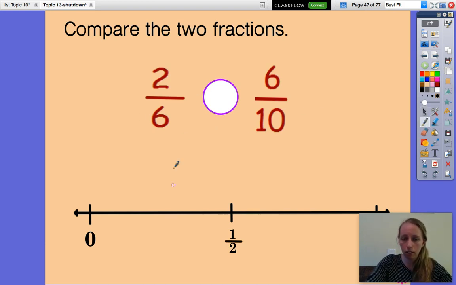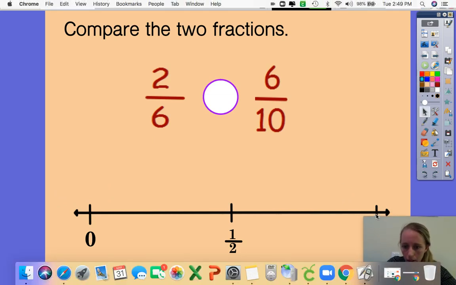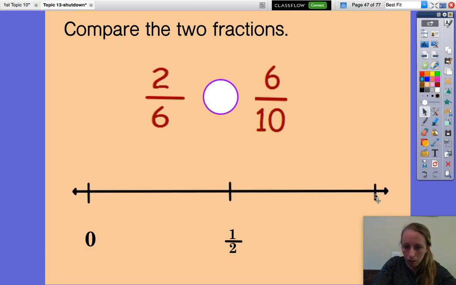Let's start with 2/6. 2 out of 6, right? If we divided this into 6 jumps from 0 to 1, now that's hard to see because I'm in the way. Sorry. Okay. If we took this number line and broke it up into 6 parts, right?